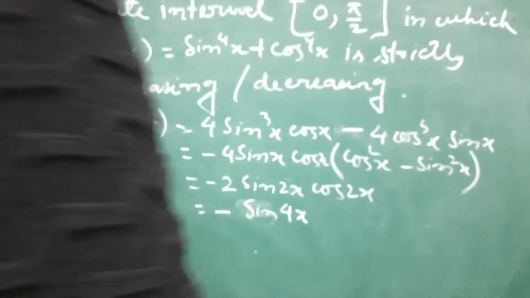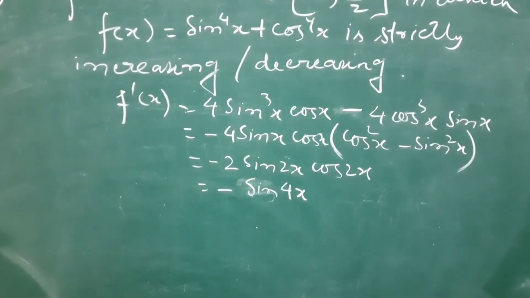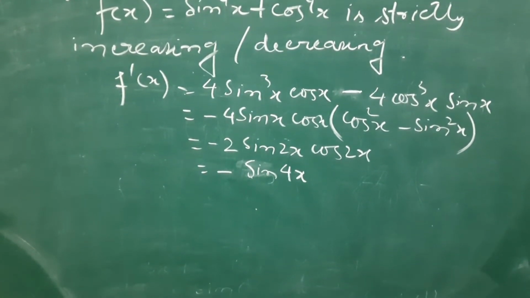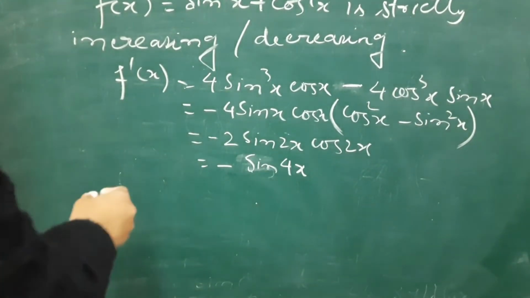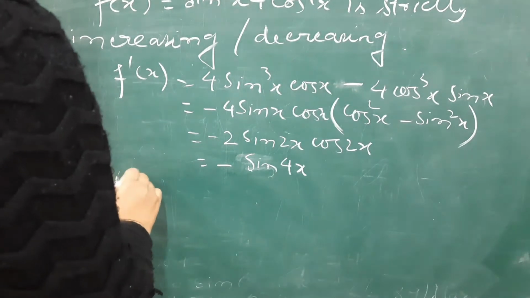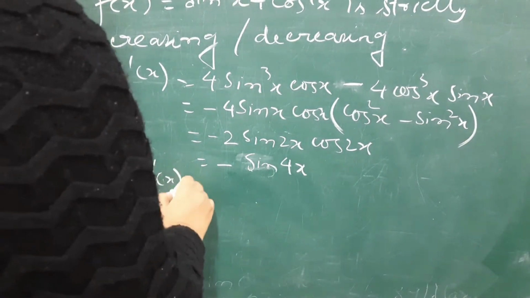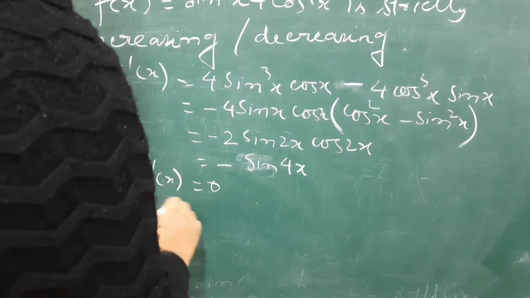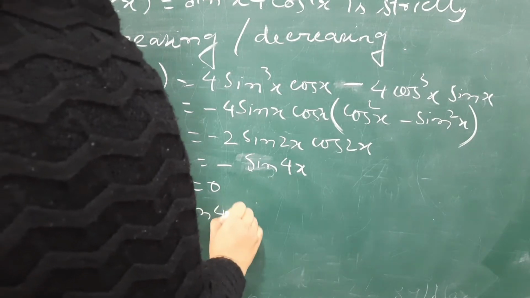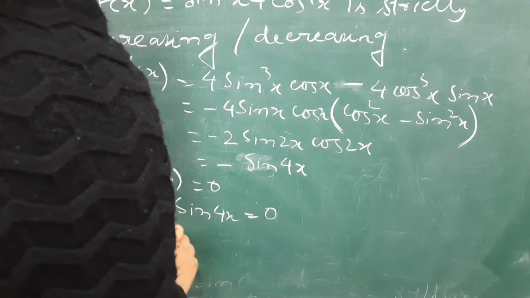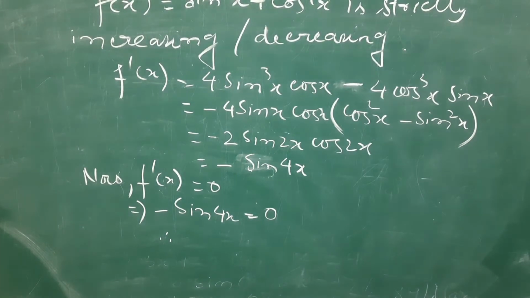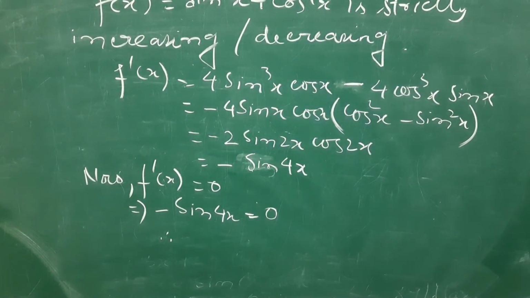Now what you have to do: f dash x equals 0 to get the values of x. So f dash x is equal to 0, which implies minus sin 4x is equal to 0. Just remember the formula: if sin x is equal to 0, then x equals n pi.